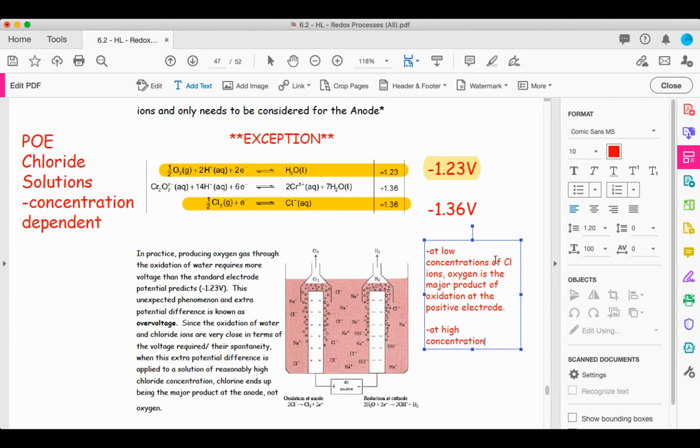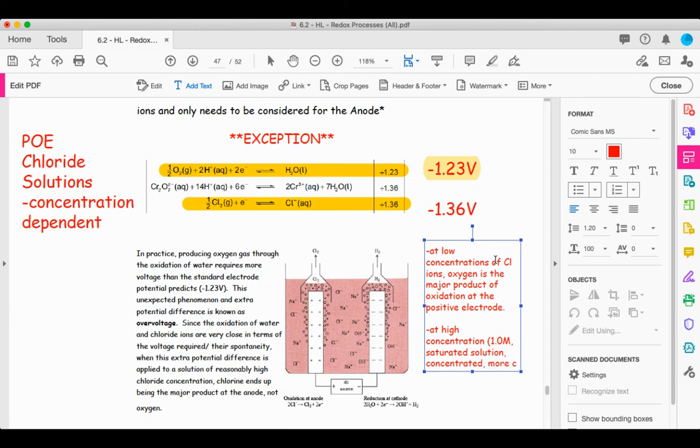Usually the question will indicate somehow that you're at a high concentration. So it might say that you have like a 1 molar solution. That's a relatively high concentration of salt. It might say that you have a saturated solution. It might give you two examples, and one is dilute and one is concentrated. So it might say that it's concentrated.